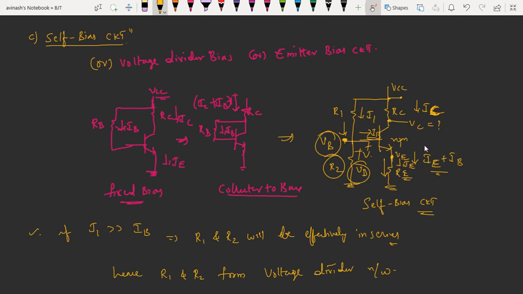How do we find the voltage across the collector? You can apply KVL in this loop. Let me change the ink here. You can apply KVL in this loop. Then what is the value of this VC? VC is nothing but, or else you can even find it as minus VCC plus IC into RC.